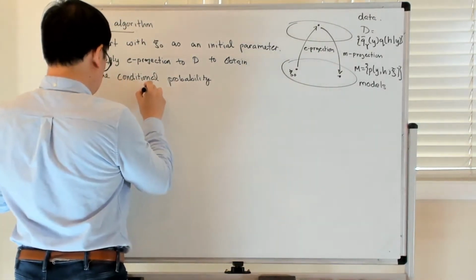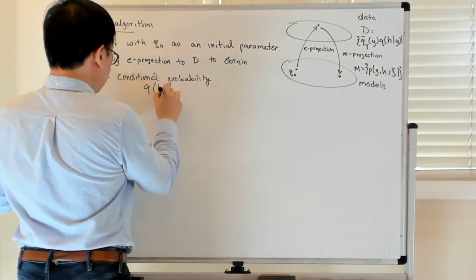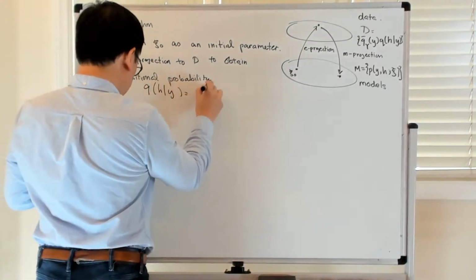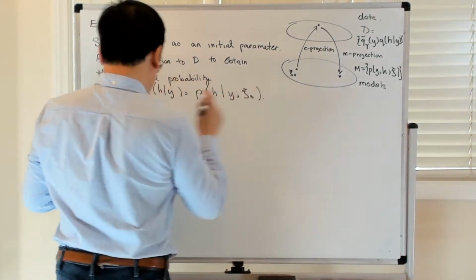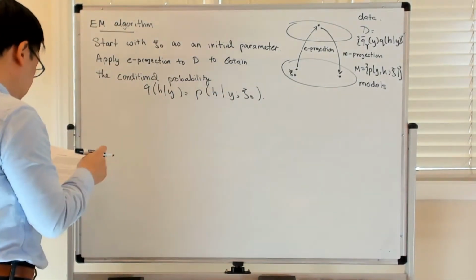So Q of H conditioned on Y is P of H conditioned on Y, parametrically dependent on C0.